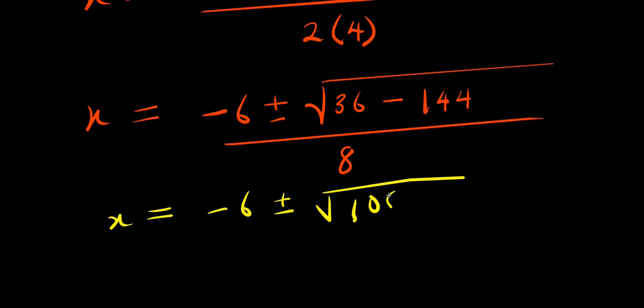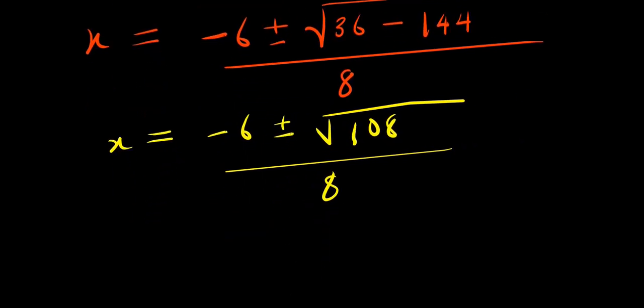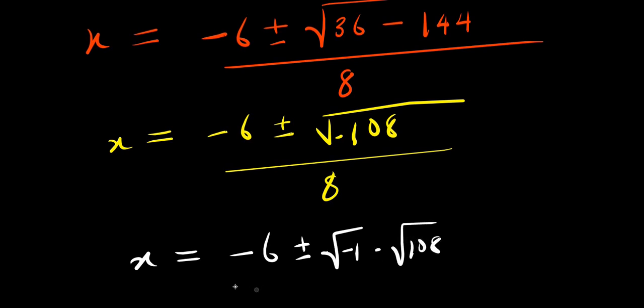This will give us minus 108, divided by 8. This is negative, non-positive. So from here, we have x equals negative 6 plus or minus square root of negative 1 times square root of 108 divided by 8.